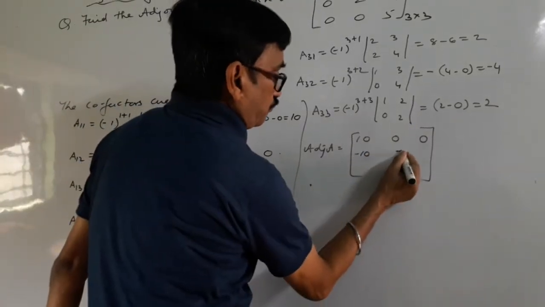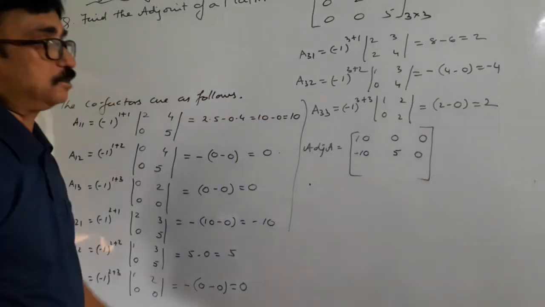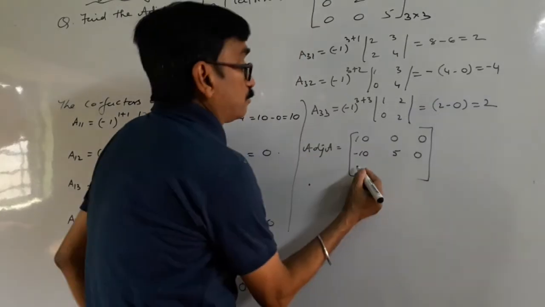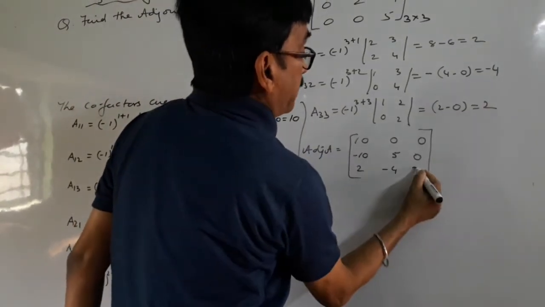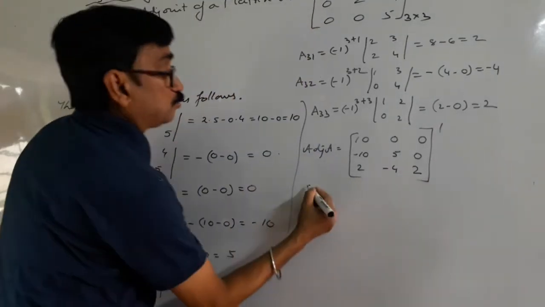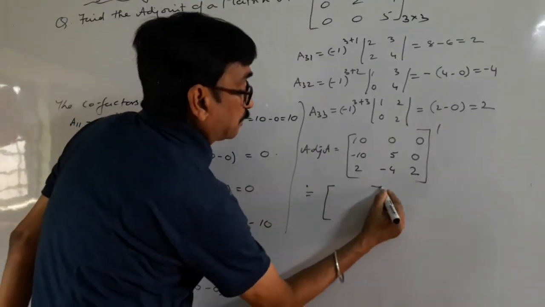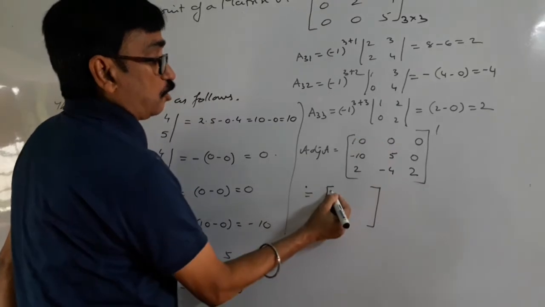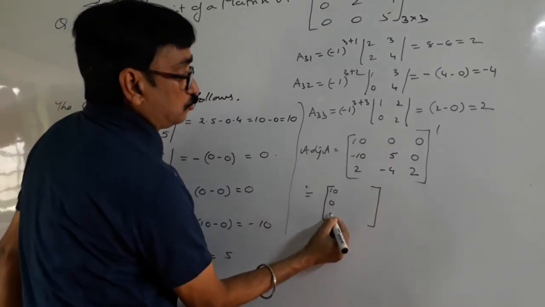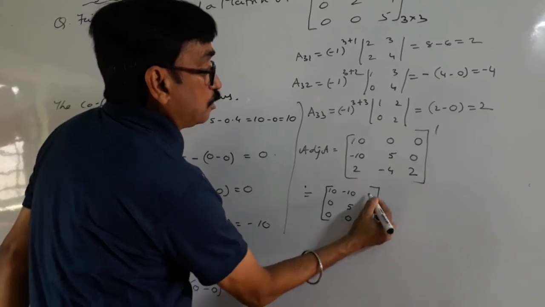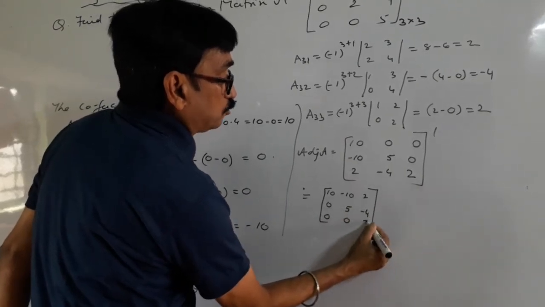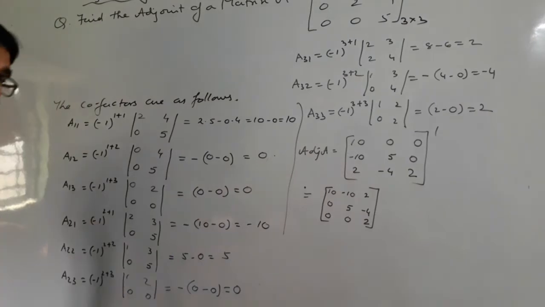The third row is 2, minus 4, 2. And we take its transpose, so we interchange the rows and columns: 10, 0, 0, minus 10, 5, 0, 2, minus 4, 2. So that becomes the adjoint.